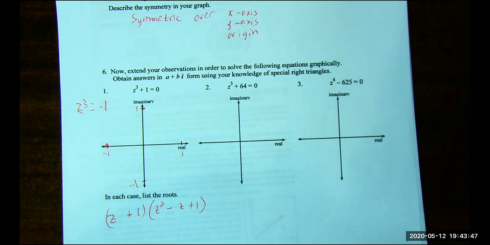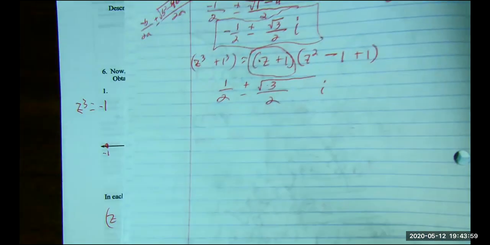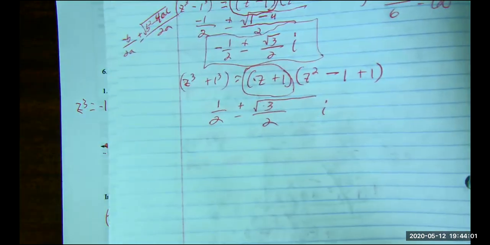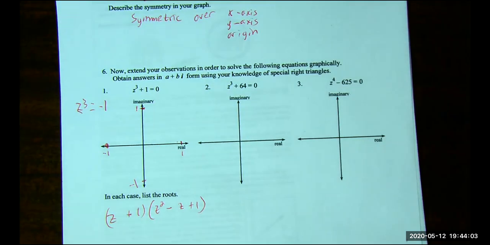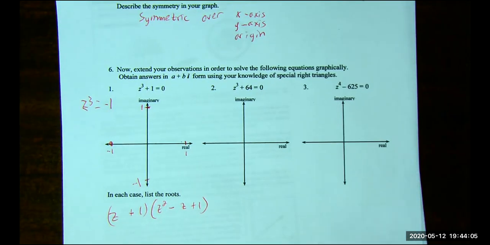I feel like we've solved this already. I'm going to see if I solved this already, just to save myself the headache of having to do it all over again. Yep, z squared minus z plus 1. We solved it already here, so I'm just going to borrow this answer. It's easy and simple. And that's where we get the three solutions from. So we get z equals -1.